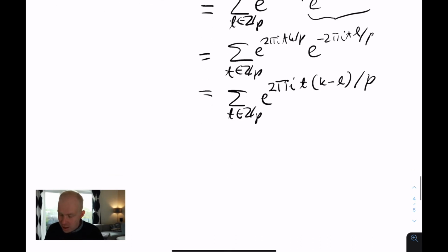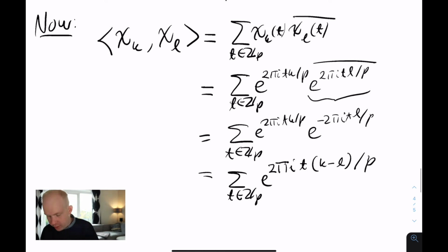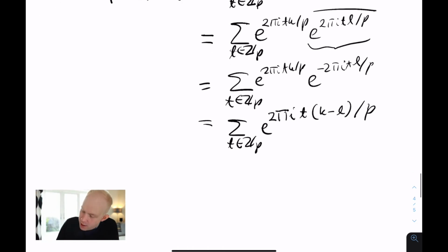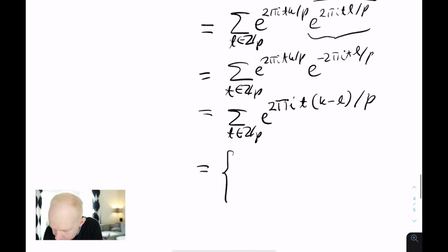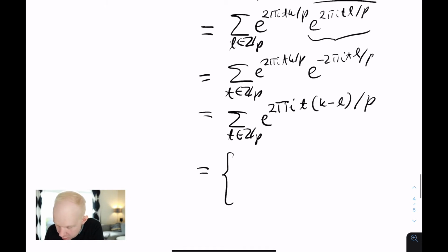So now you have this expression, and depending on what k and L are, it becomes a certain number. You have two possibilities. If k is equal to L, you are just summing ones over all t, so this becomes p.